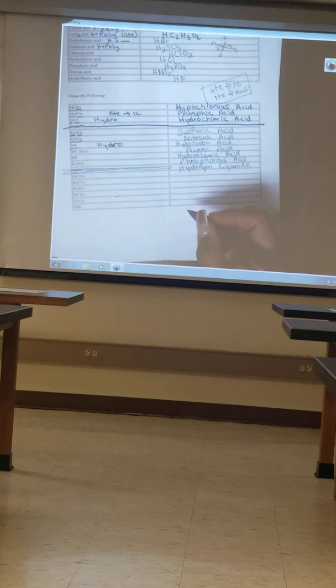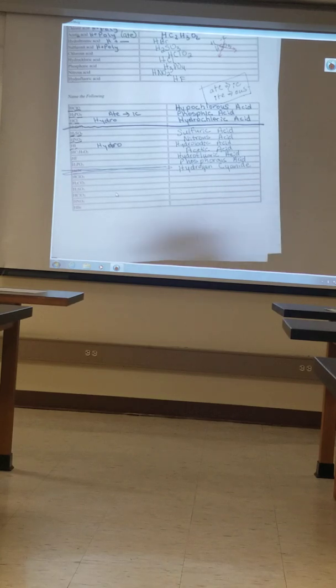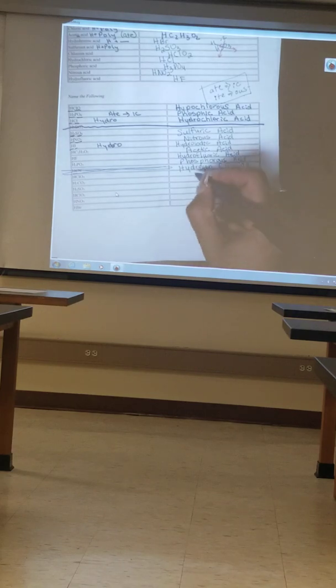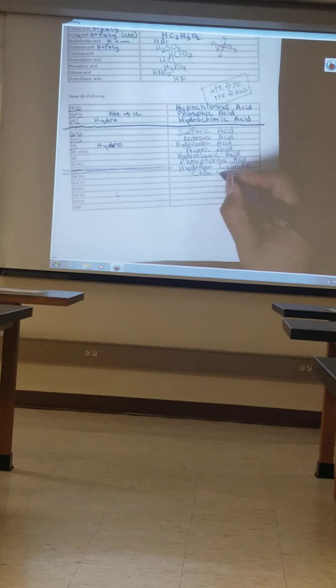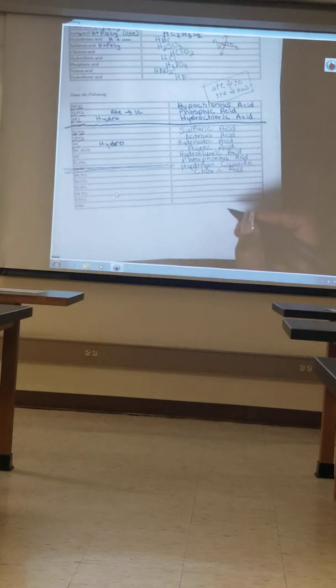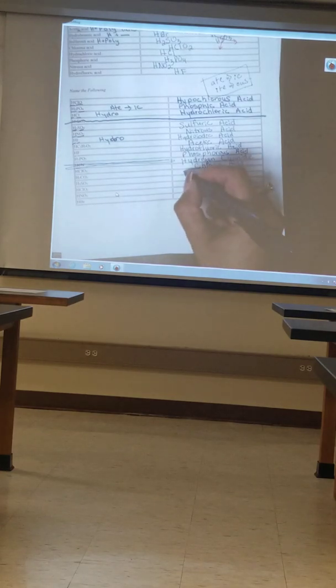The next one, I see it's a hydrogen plus a polyatomic. Now, in this case, it's not gonna start off with a hydro. It's going to be the polyatomic only, fluoric, because I changed the ATE to an IC, acid. The next one's another polyatomic, so I'm gonna start off with the polyatomic name, carbonic.